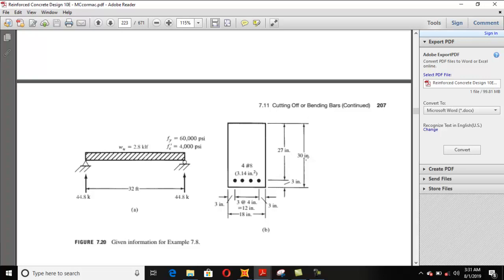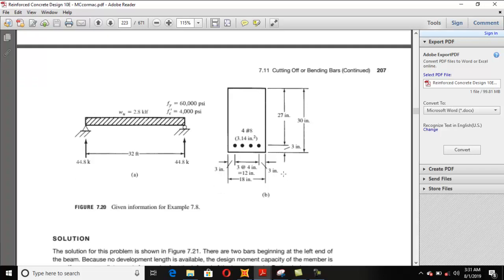The overall depth of the beam is 30 inches, and the effective depth is 27 inches. The effective concrete cover, the center to center concrete cover, is 3 inches.